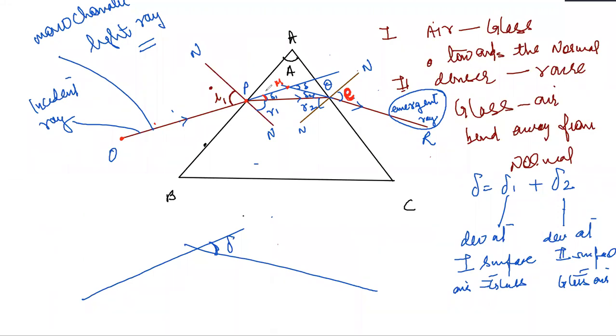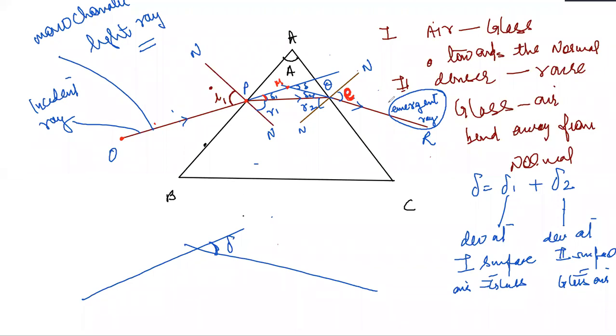At the second surface AC, the ray PQ has bent at Q along QR, which appears to be coming from MQR, so it suffers a deviation by an angle MQP, delta 2. At the second surface, the ray PQ has bent at Q along QR.